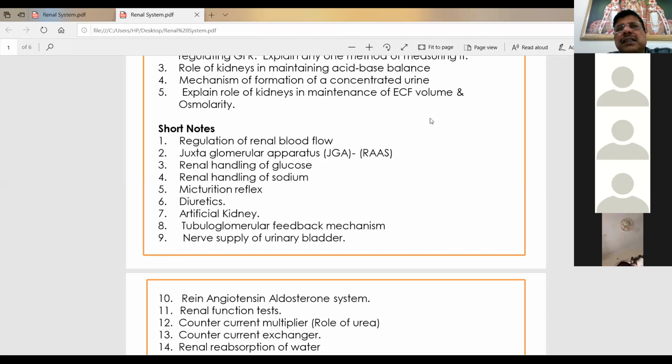ADH is mainly having action of reabsorption of water. Quickly it will act to reabsorb water. Any changes in ECF or osmolarity have to be corrected very quickly. And that is done by quickly adding or reabsorbing water. You read the chapter, we'll discuss. I don't think you read the chapter. You read the chapter, we'll discuss.